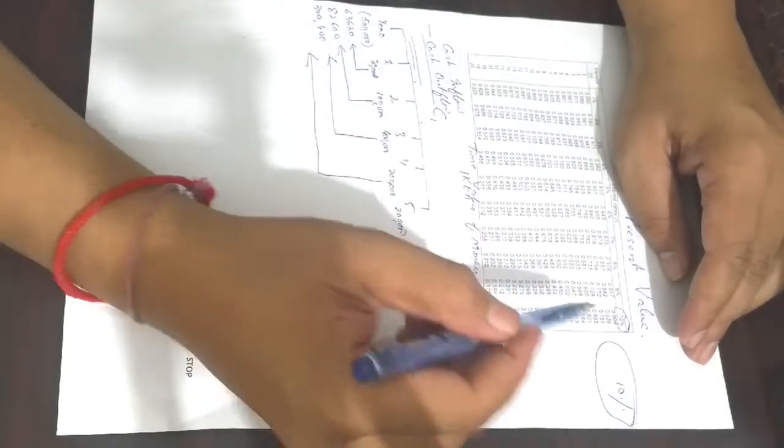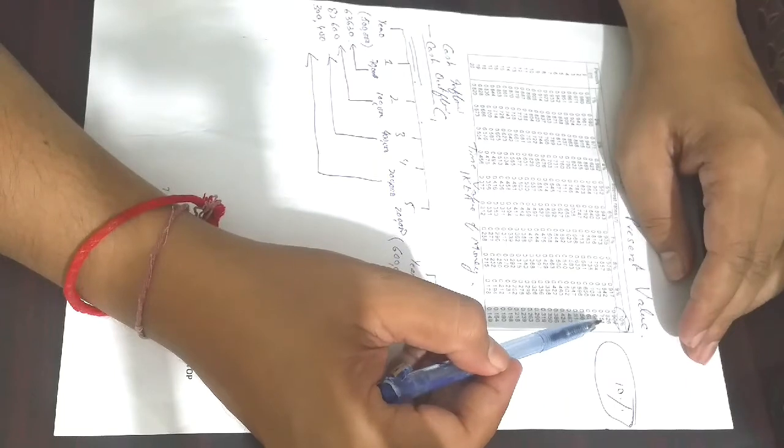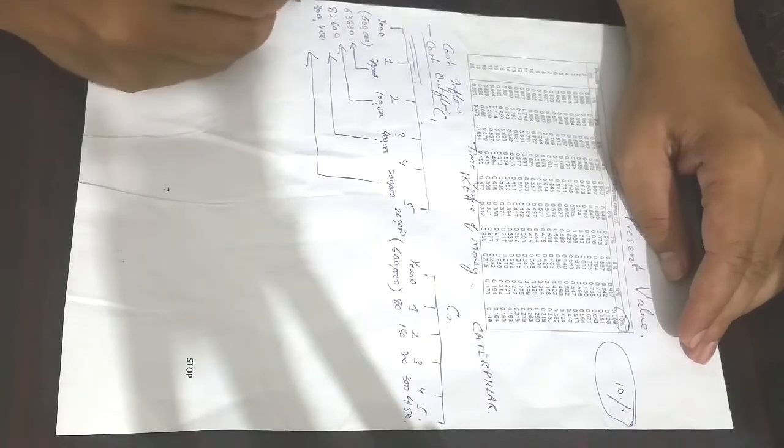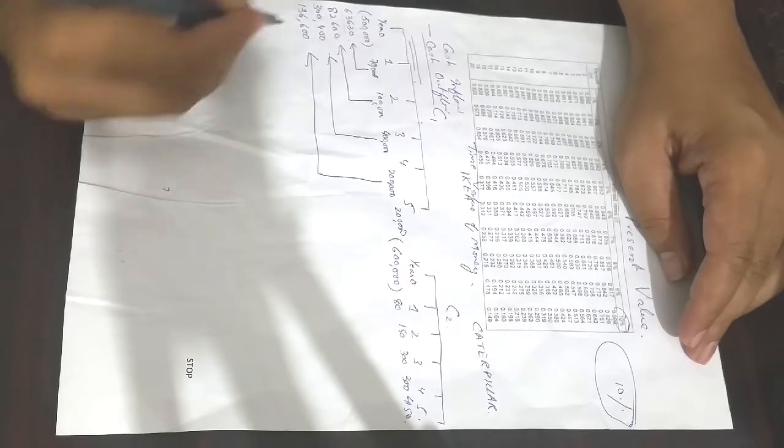Now we will maintain the same 10%, but we will look at the factor applicable in period 4 or year 4, which is 0.683. Multiply this by 200,000. This is 136,600.